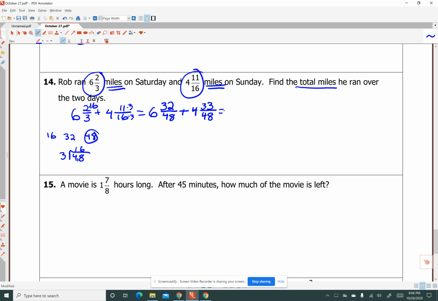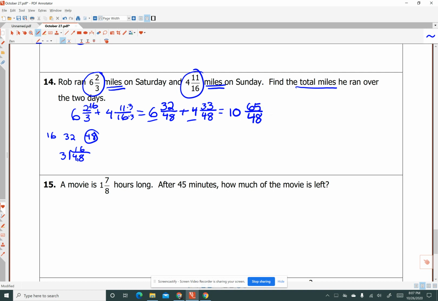Now we're adding, so we have 6 plus 4 is 10. Let me write that a little more neatly. 6 plus 4 is 10. We have 48. 32 plus 33 is 65.